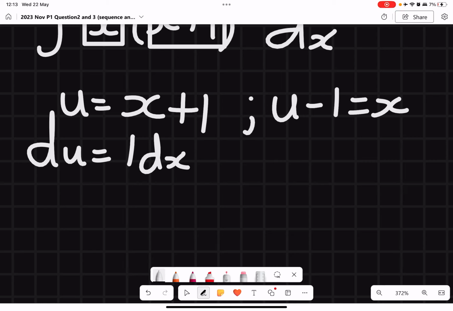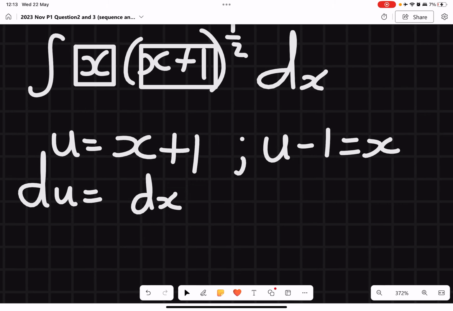If it was t, I would have to write dt. And then the derivative of a constant becomes 0, so that is gone. So I basically have du equals dx.